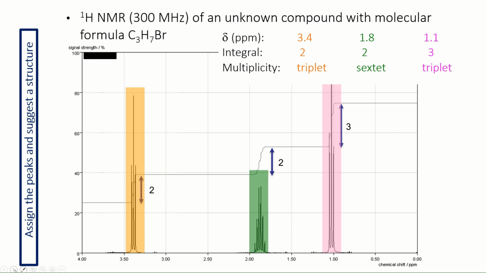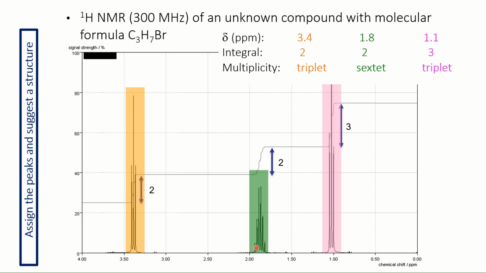And if you look at the multiplet, we have a triplet, a sextet, and a triplet. A triplet is telling me that I have 2 protons next door to this set of protons. I have here, this sextet, sextet 1, 2, 3, 4, 5, 6, sorry, it's 6 peaks.